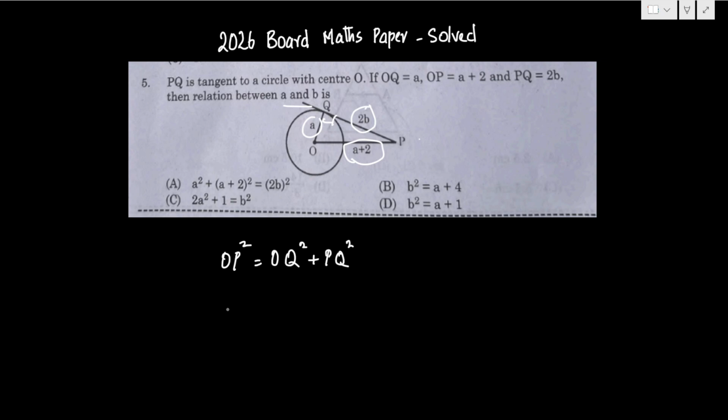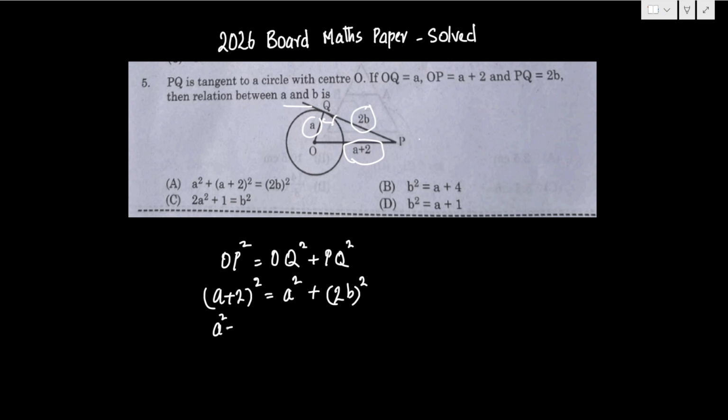So OP is how much? A plus 2 the whole square equals OQ square, which is how much? OQ square is A square. PQ square is 2B the whole square.